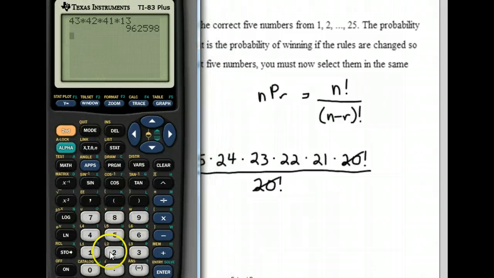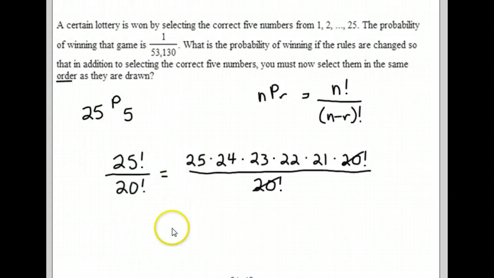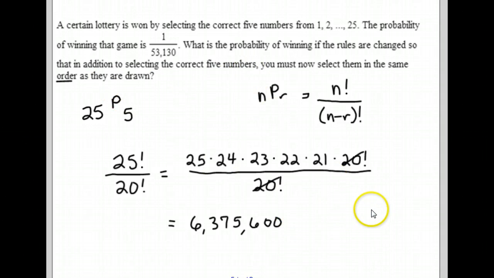So that's going to be 25 times 24 all the way down to times 21, and then I get 6,375,600. Alright, and then again, the answer is, what's the probability? So now it's 1 out of that number. Again, assuming we've only bought one ticket here.